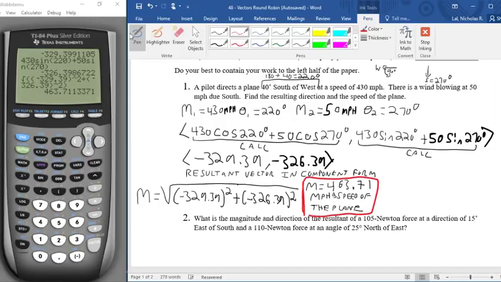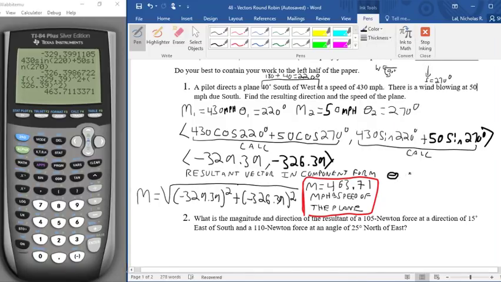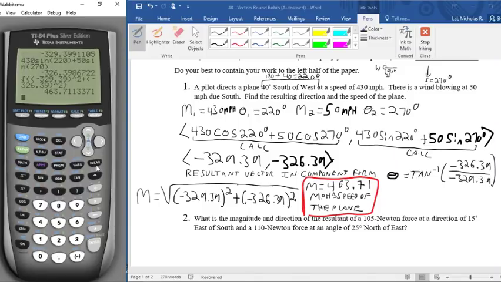All right, to find our direction, we must realize that our direction is going to be equal to the inverse tangent of y over x. That's going to be the inverse tangent of negative 326.39 over negative 329.39. Let's plug into our calculator in degree mode.